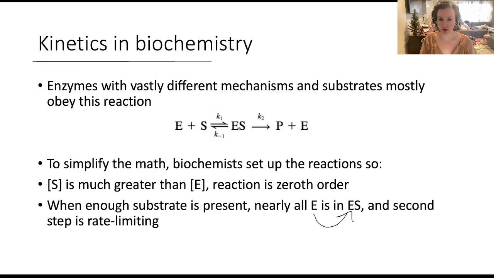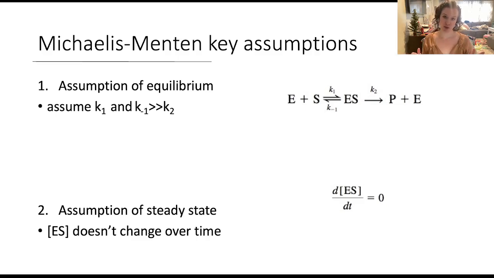Let's jump into a bit more detail here. There are two key assumptions of Michaelis-Menten kinetics that are going to be true regardless of the enzyme and substrate that we study. The first is the assumption of equilibrium. In other words, we are assuming that K1 and K minus 1 are much larger, or much faster, than K2, and K2 is slow, right?